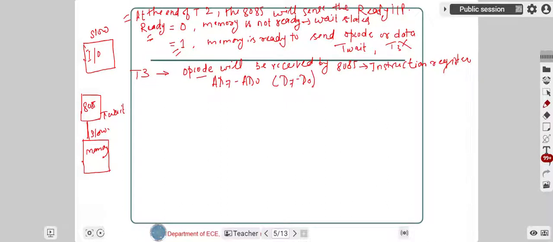So in 3 clock cycles, the opcode has been received by the instruction register. The decoding is now done during the T4 clock cycle.